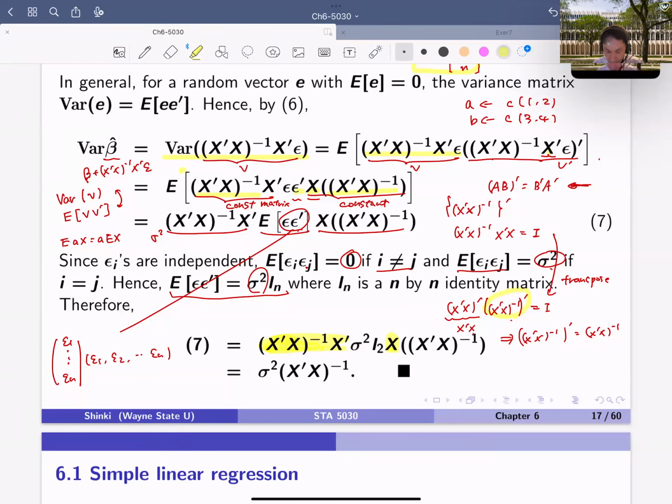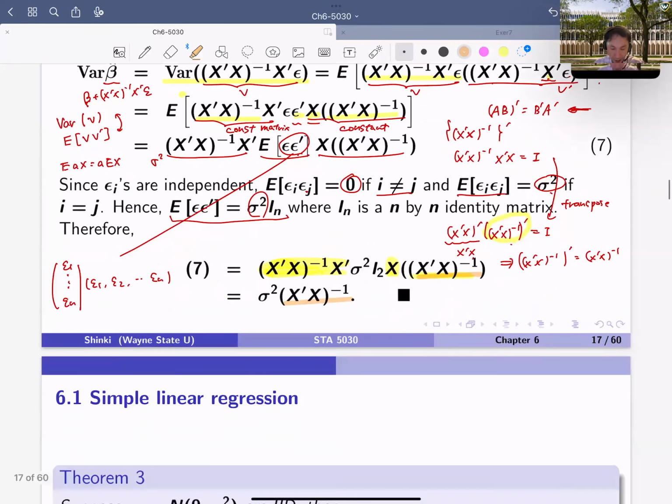So only the second term remains, and we get sigma square times (X transpose X) inverse. The identity matrix does not change any matrix, so we can ignore it; I times X, for example, is just X. So this is the end of the proof. In this way, we can calculate it.